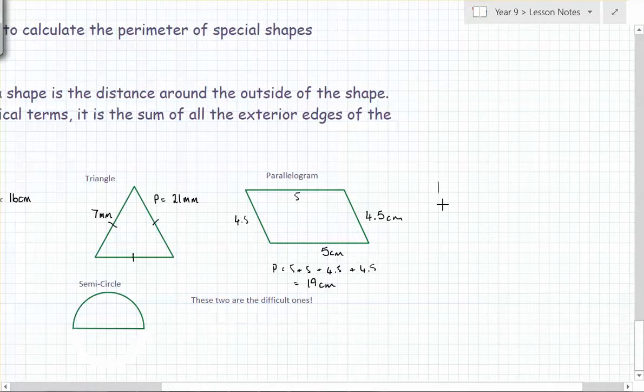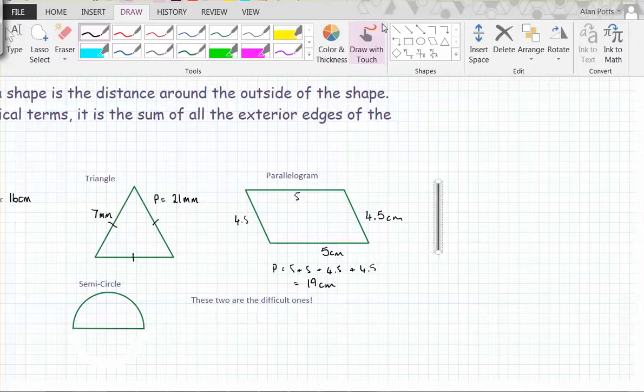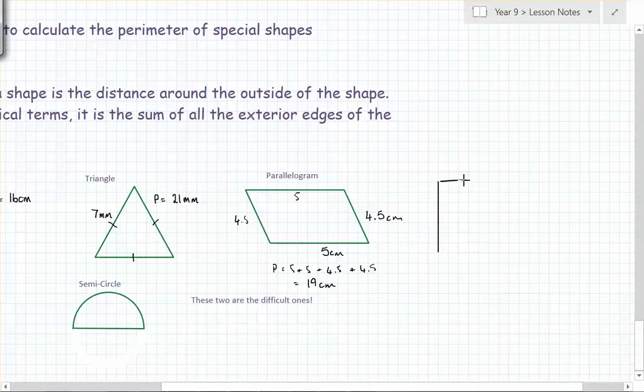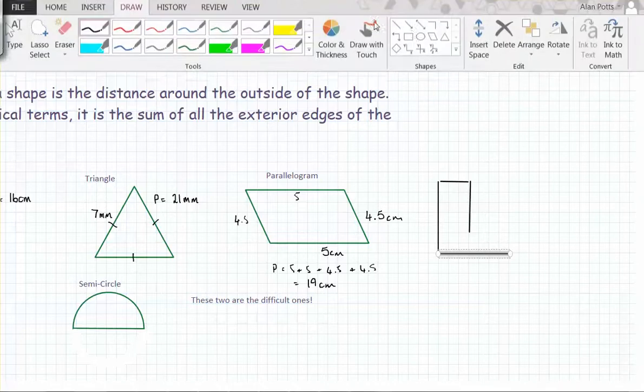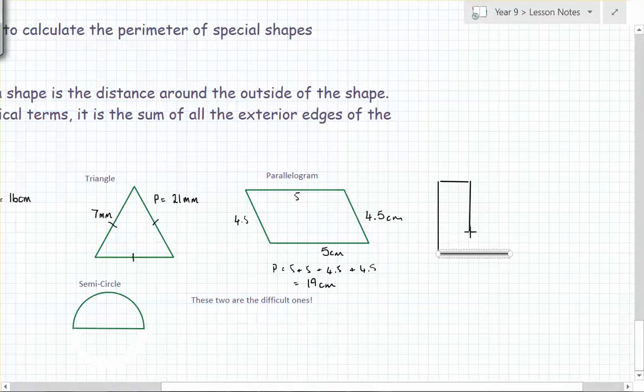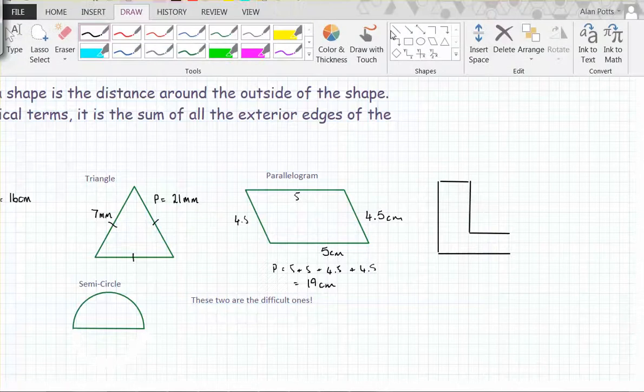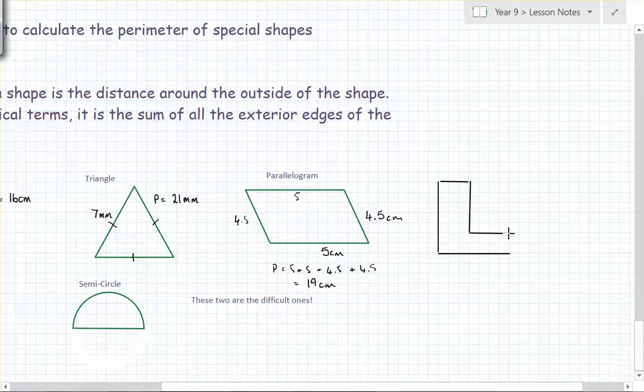So if I were to draw another shape though, like this, this is where we potentially have to think a little bit more sometimes. You'll be able to draw this in a second, so you can see what I'm doing. Imagine I've got to draw this every time. What are the lengths of every side that I've just drawn?